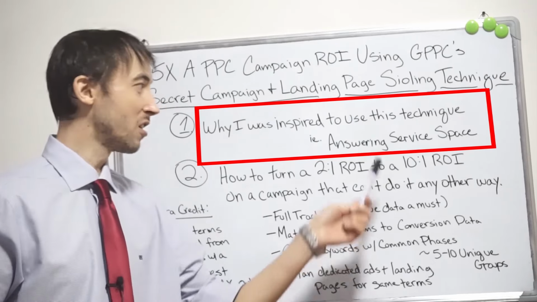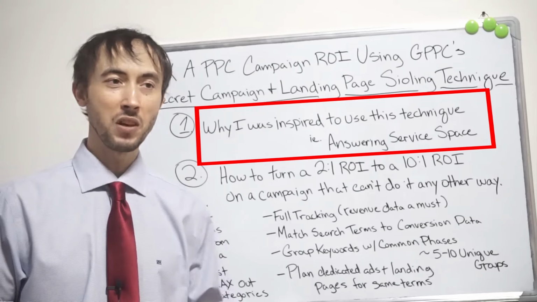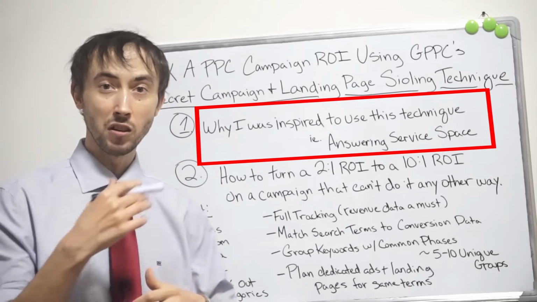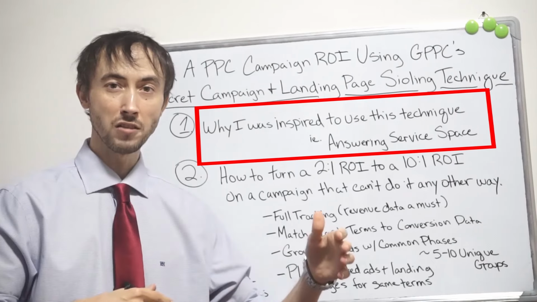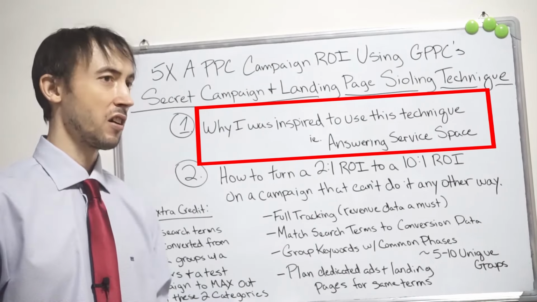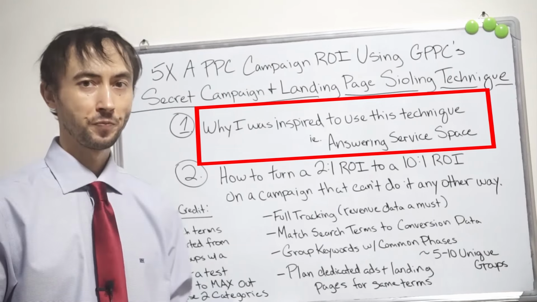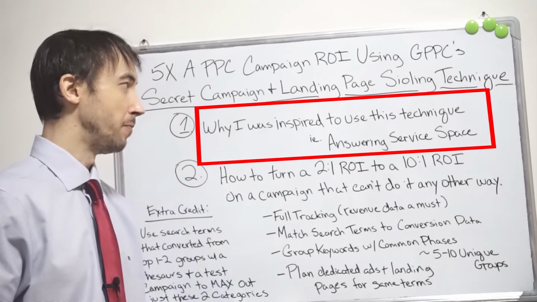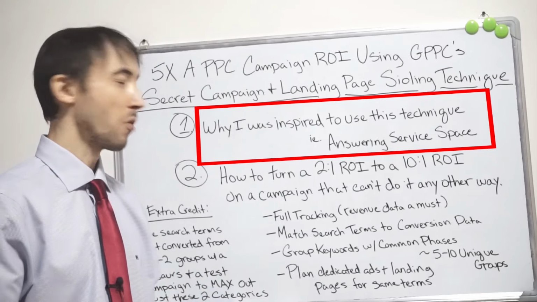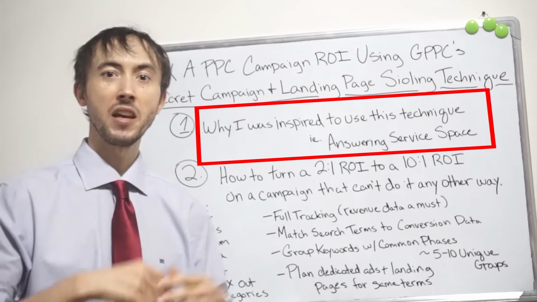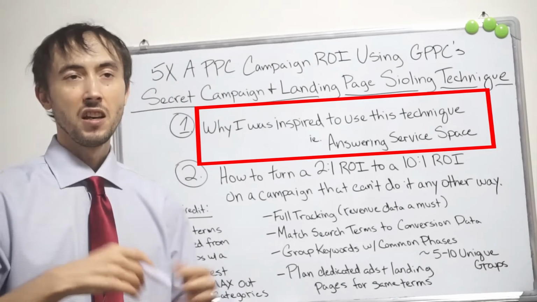The keywords that you use to find one of these companies are synonymous with people who want to call customer service. For instance, another keyword that is related to this is like plumbing service, plumbing answering service, stuff like that.